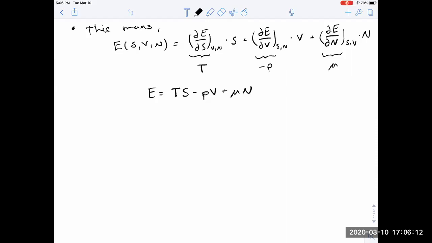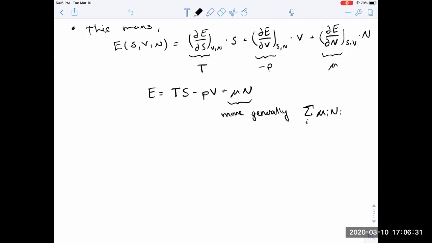And if we wanted to write this slightly more generally, we could note that in general, we might have more species. So this would be a sum over particle identity, that chemical potential, times their particle number.